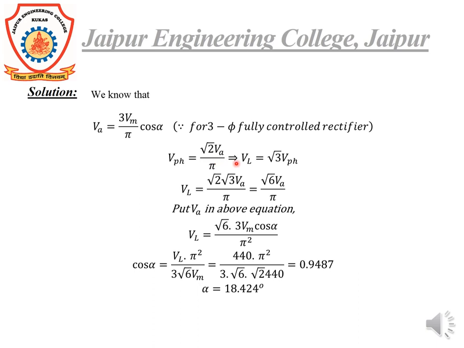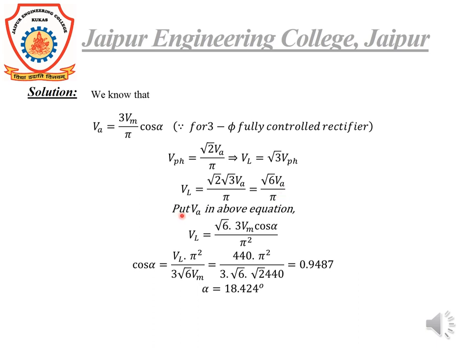So we will get VL equal to root 3 times the per phase voltage. When I put the value of per phase voltage into this equation, I will get VL equal to root 2 into root 3 VA upon pi. I have multiplied root 2 and root 3, so we will get root 6 VA by pi.